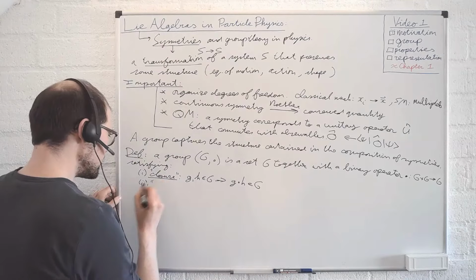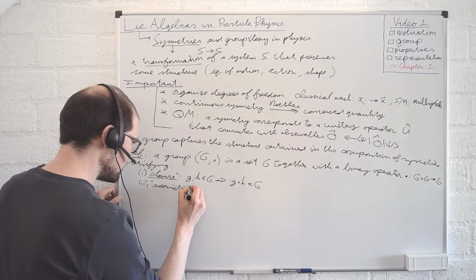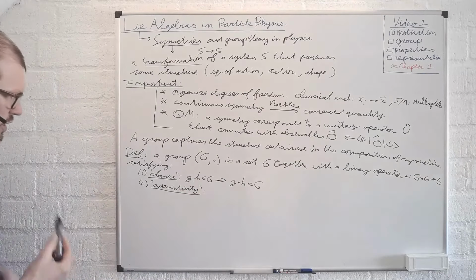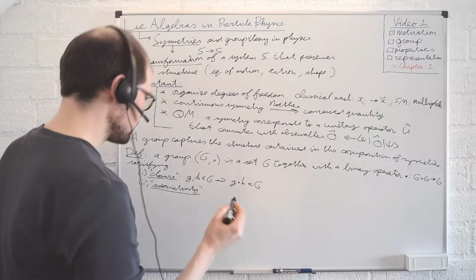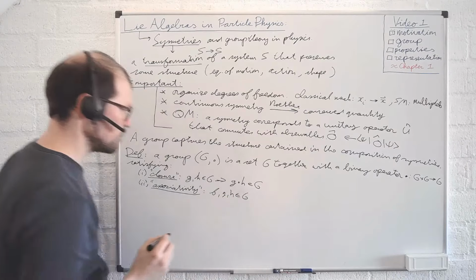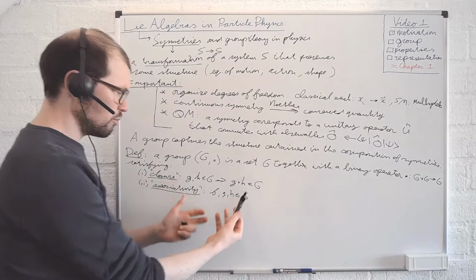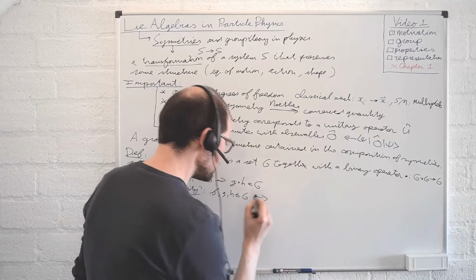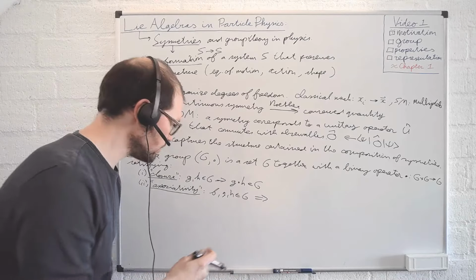The second property is that of associativity, which expresses a natural property that we want to have when you have three such elements. So if I take three elements F, G, H in the group, then I want to make sense of what it means to compose these three elements. So in terms of symmetries, what it means to take, say, 3 rotations and turn them into 1 rotation.